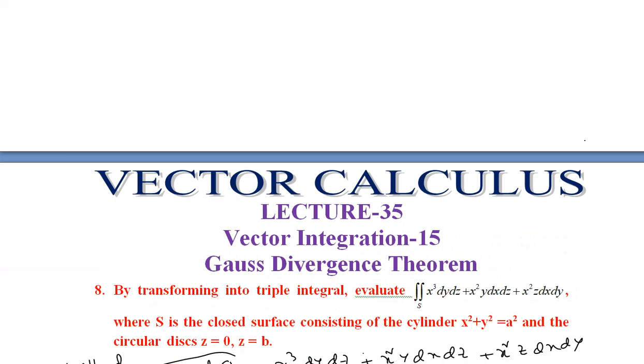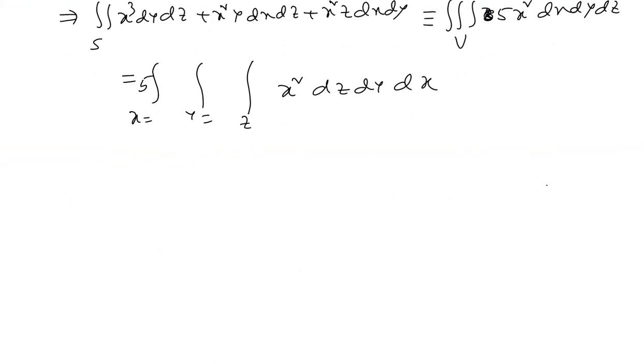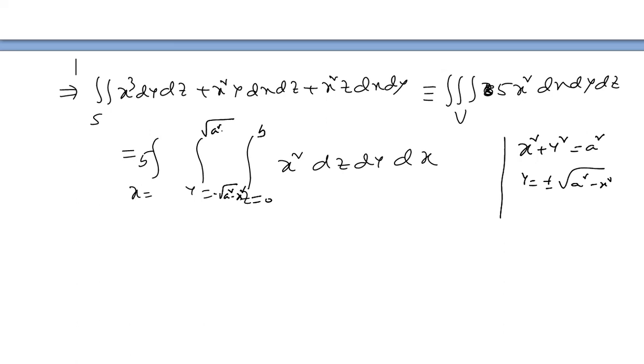This is a cylinder, already we discussed in the earlier problem. z is 0 to b, and the circle in the xy plane is x square plus y square equals a square. So y equals plus or minus root over a square minus x square, that is, from minus root over a square minus x square to root over a square minus x square.